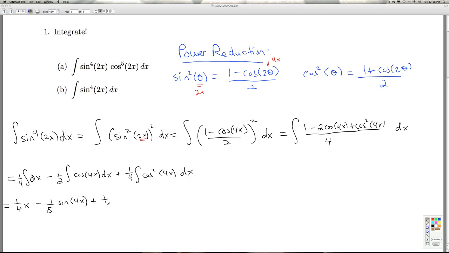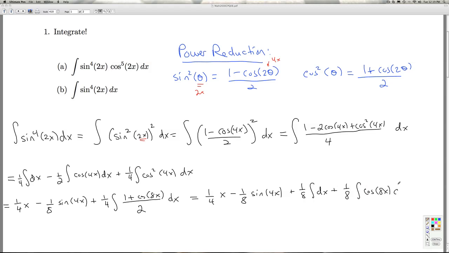So that's 1/4 integral power reduction. 1 plus now cosine of twice the argument, 8x over 2 dx. So I've got 1/4 x minus 1/8 sine 4x plus, I've got a quarter there and I got a half that comes out. So I've got a 1/8 integral dx plus a 1/8 integral cosine 8x dx.